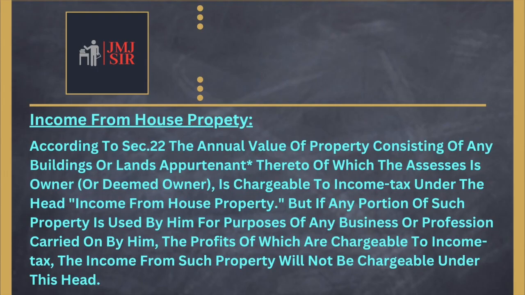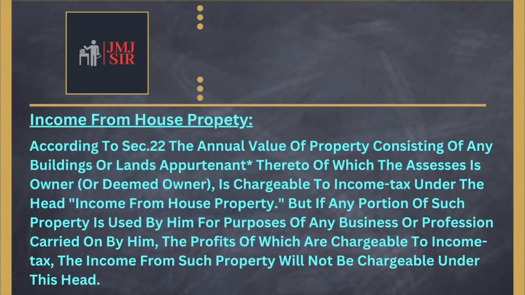According to section 22, the annual value of the property consisting of any building or land appertaining thereto of which the assessee is the owner or deemed owner is chargeable to income tax under the head income from house property.